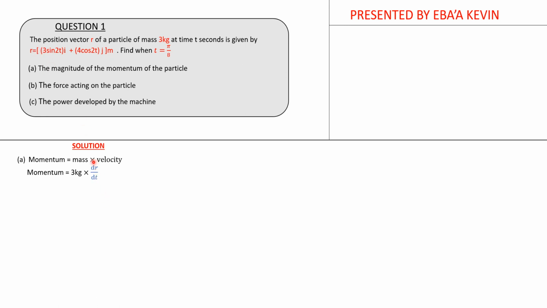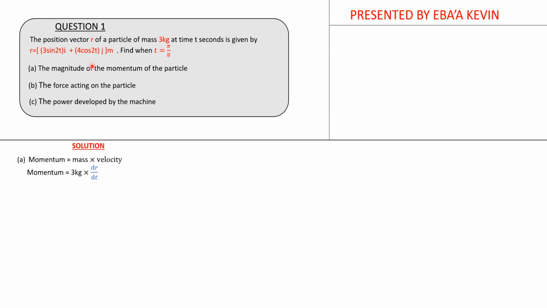Differentiating the position vector with respect to time simply means we have to differentiate this r with respect to t.